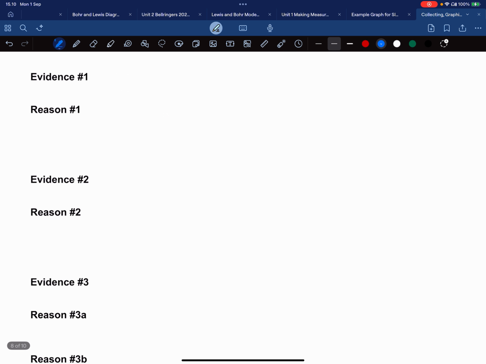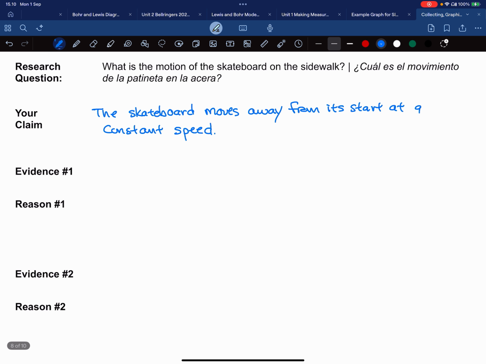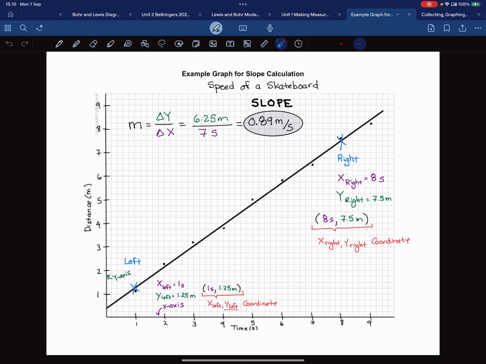I need to have 3 pieces of evidence to support that. In IPC, the 3 pieces of evidence are pretty much always going to be the same. The first piece of evidence is the trend. So when we look at the data, we see that the trend is up to the right, positive.